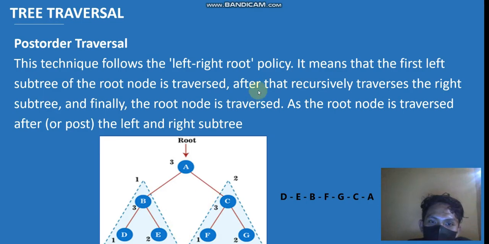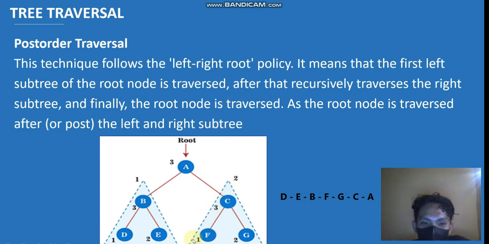So the left subtree has been completely covered. Now we're going to go to the right subtree, which is C, F, and G. The root of the right subtree is C, which has a left node.